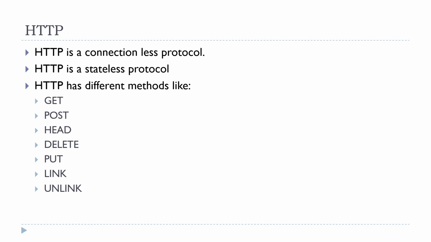Let's say you have logged in to the banking application, or you are logging in to your mail account. When you make a new request, every time the state of that account or client needs to be sent to the server so that the server can identify which client it is talking to.